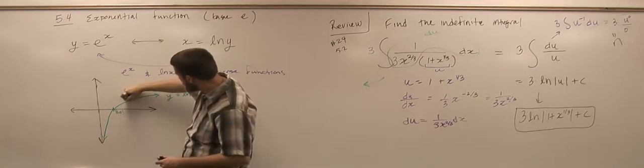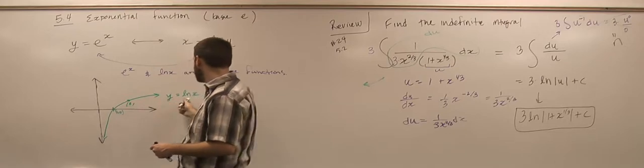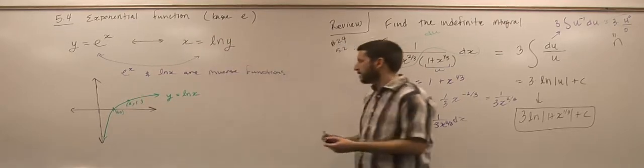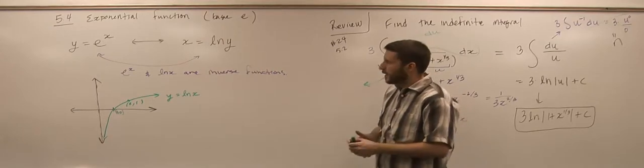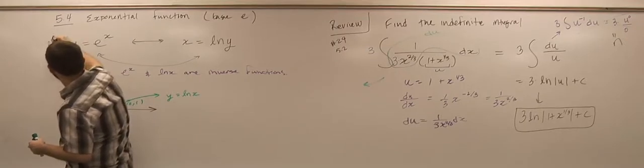What if I wanted another point on here? When x is e, what does ln give you? 1. Right? We can find e to be the number that makes ln equal to 1. And in case you don't recall, e is approximately 2.72.